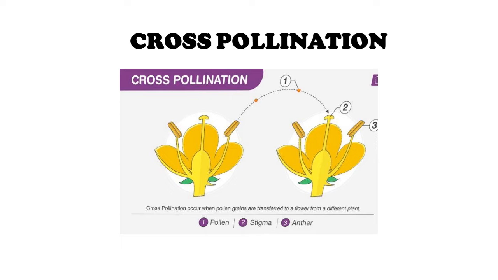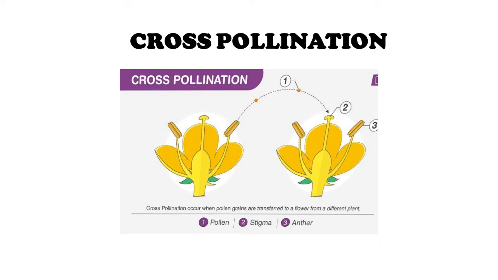Same as that, cross-pollination is the transfer of pollen grains from the anther to the stigma of a different flower. Understood? The first one is the same flower. Second, in cross-pollination the pollen grains are transferred to a different flower.